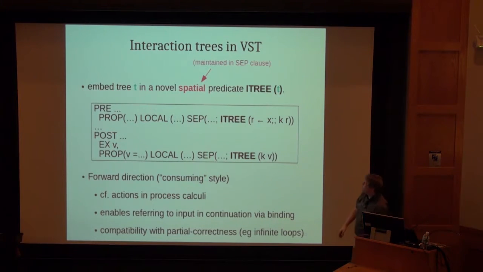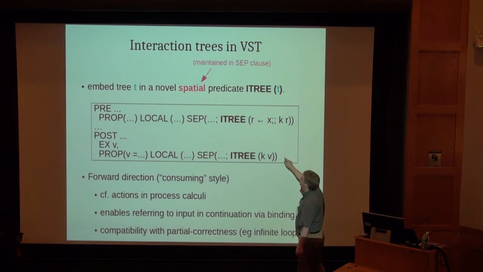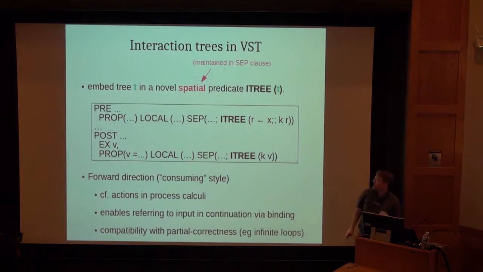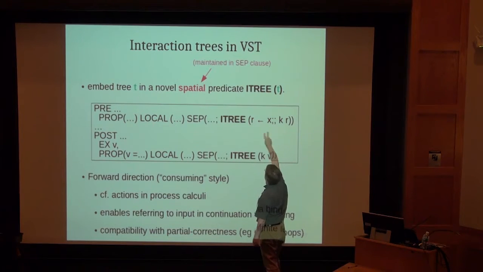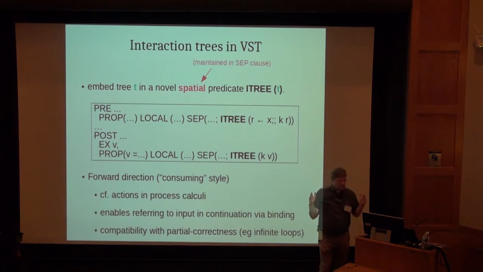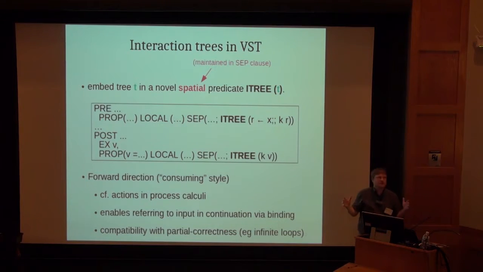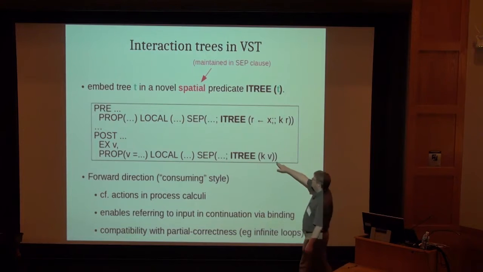Now you will see here that we model this progress of I-trees in a forward direction. So we start essentially with a description of what the program is permitted to do, and there the entire computation tree is laid out without specifying exactly which path we take through that tree, and that is further refined as we proceed.